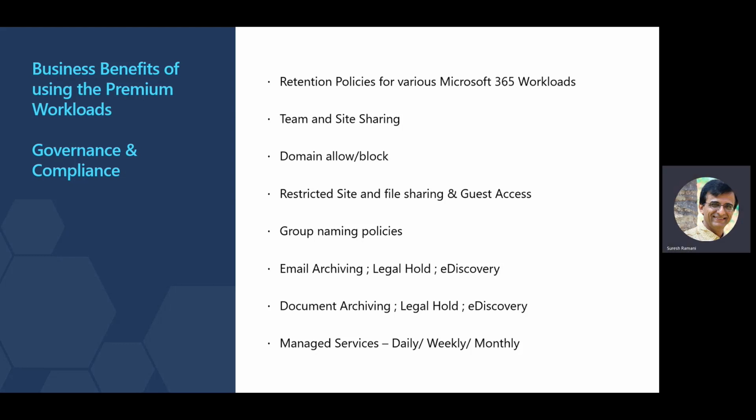Number 4 is restricted site and file sharing and guest access. There are many controls that enable you to govern how people access resources in groups, teams, SharePoint. These include membership, conditional access, guest access, user management. Number 5 is group naming policies.